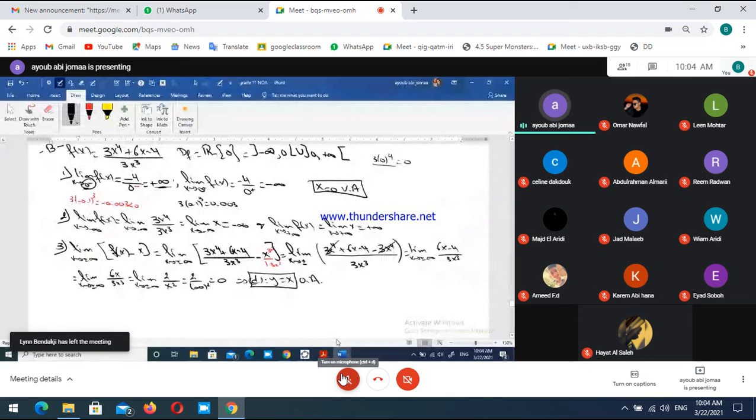The highest exponents 3, or 6x over 3x power 3, simplify x with x, 6 over 3, you get 2 over x squared. At infinity you get 2 over infinity, which is equal to 0. Number over infinity equals 0. So here the limit is equal to 0, then the line of equation y equal x is an oblique asymptote.